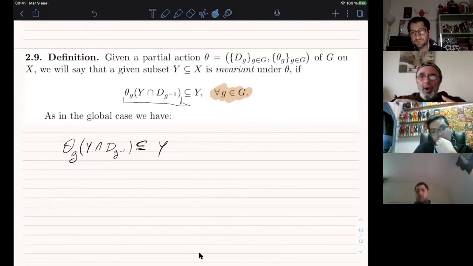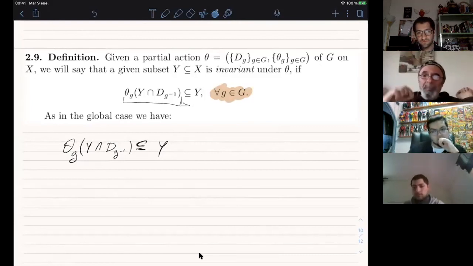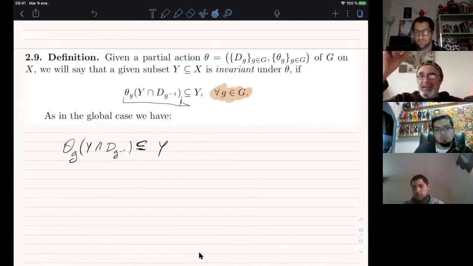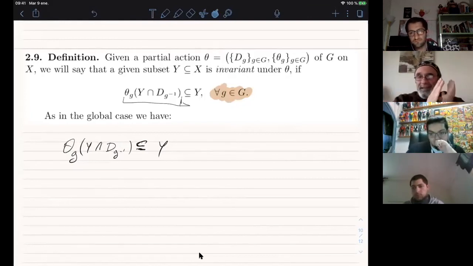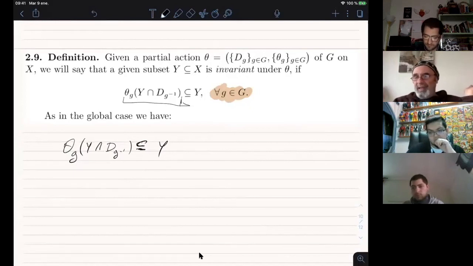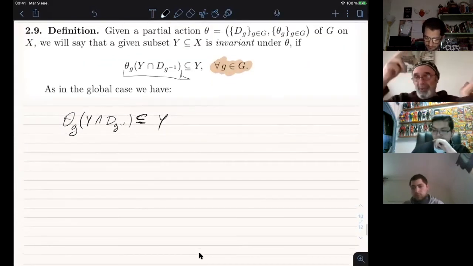So Diego made all kinds of vertical upward shifts on a half plane. He acted with a one-dimensional group, let's say Z or N, vertically on a two-dimensional space, which is a half plane. Now take half of the half plane, the part which is to the right, and it is invariant because the boundary between the two is vertical.